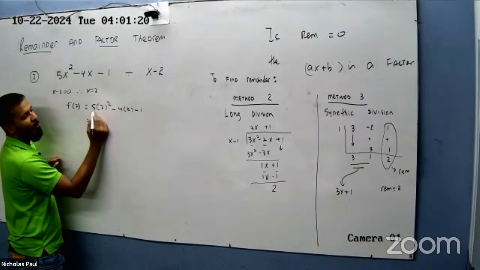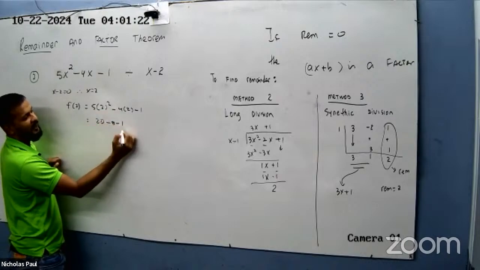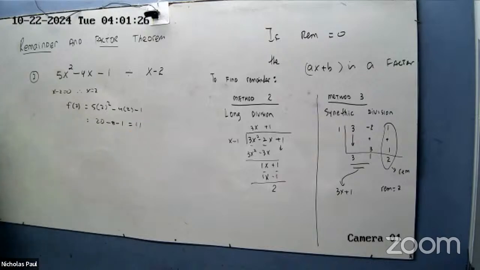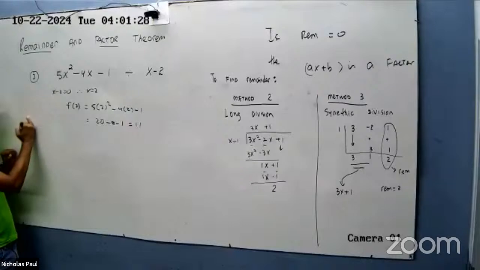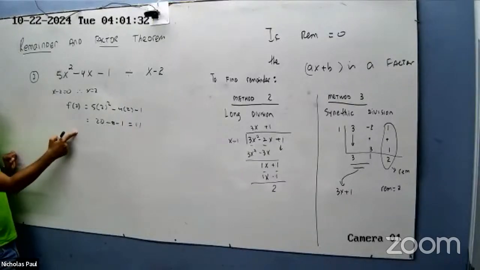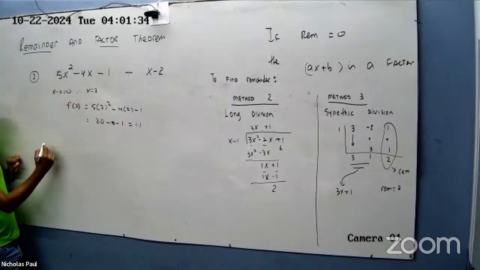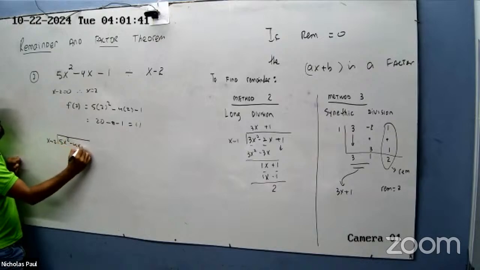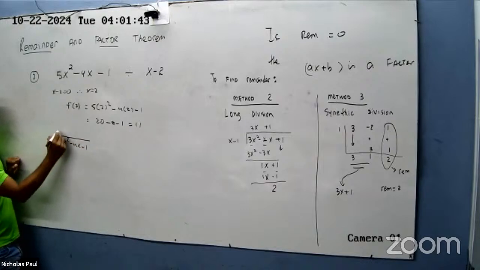Right, so that's 4 by 5, that's 20 minus 8 minus 1, which is 11. That's method 1. Now method 2, we're going to long divide, we're going to take x minus 2 and long divide into 5x squared minus 4x minus 1.